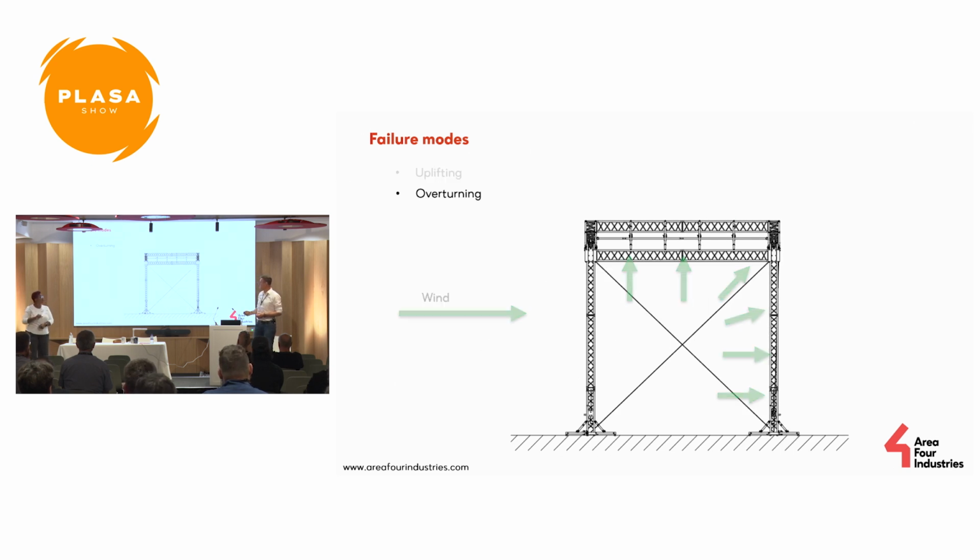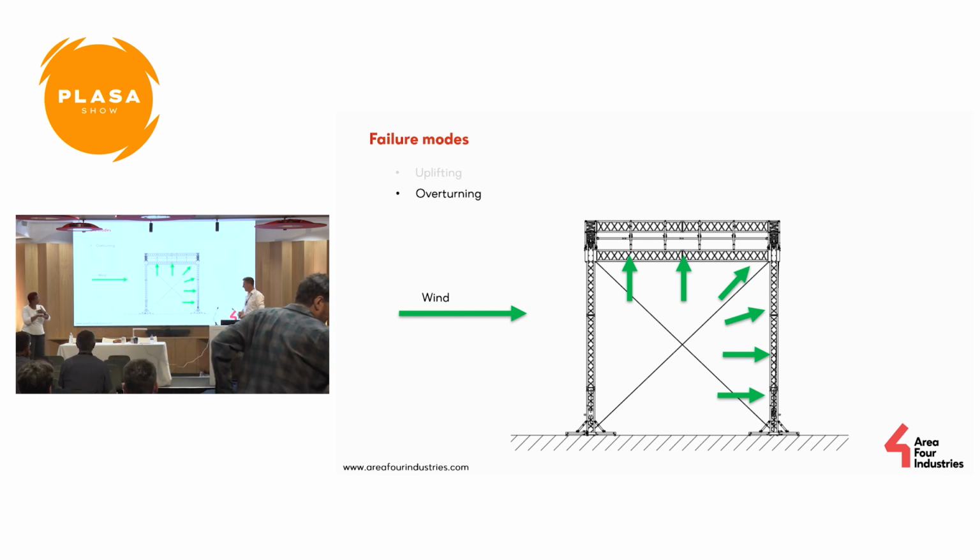Then overturning means that the wind is blowing in, and on the rear wall, all these forces are collected to a center, to one resulting load in half of the height, which has a horizontal direction acting this way, and it will overturn around this bottom rear base.